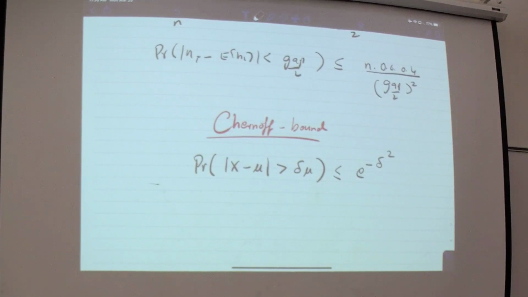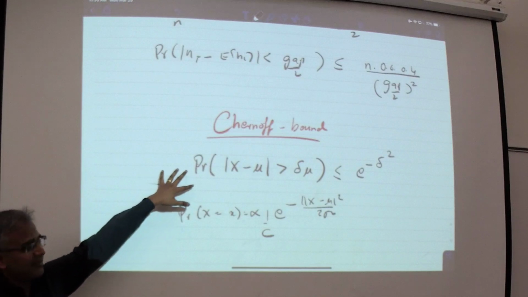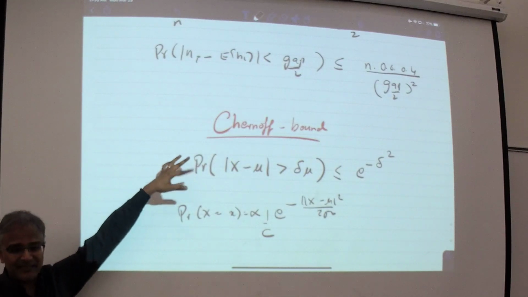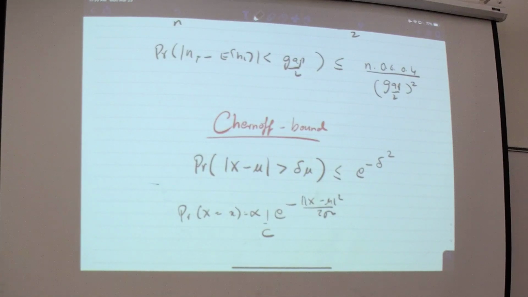The probability of x equal to something is proportional to e to the minus (x minus mu) squared over 2 sigma squared. There's some constant of proportionality here. It decays exponentially with the distance from the mean. And this form is what is called an exponential tail. The tails drop off exponentially.